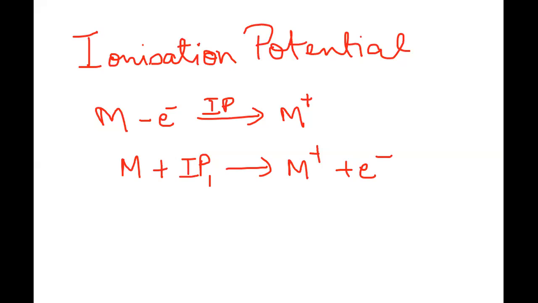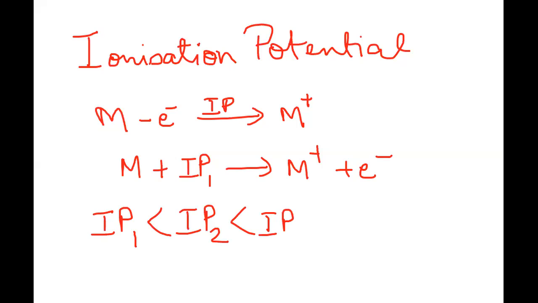Definitely, pulling out the next electron from the valence shell, or from the next inner shell, is going to be more difficult, hence more energy will be required. Therefore, in general, the first ionization potential is less than the second, which in turn is less than the third, and it continues.